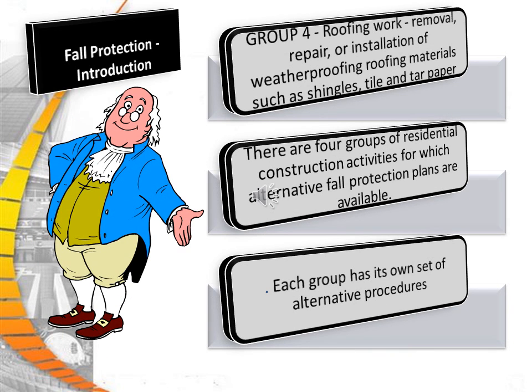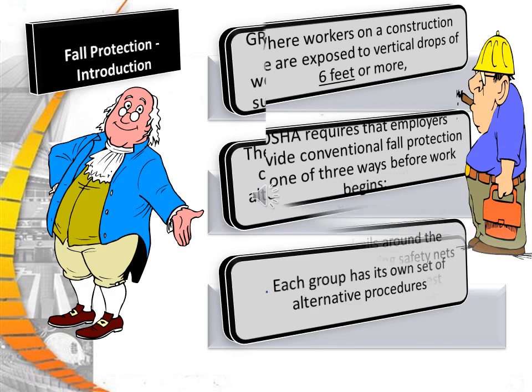Group 4 is roofing work, when you do removal, repair, or installation of weatherproofing materials such as shingles, tile, and tar paper. There are 4 groups of residential construction activities for which alternative fall protection plans are available. Each group has its own set of alternative procedures.